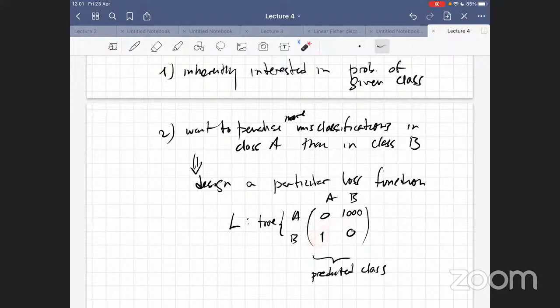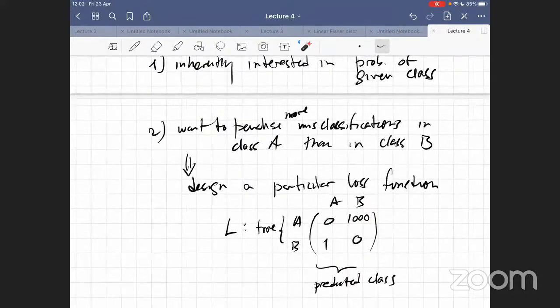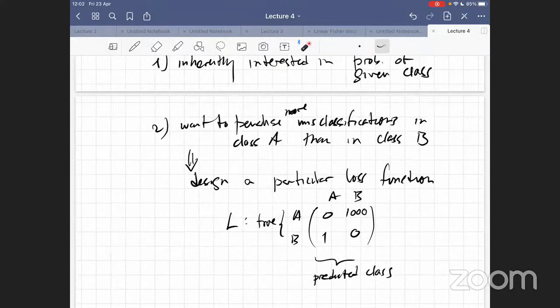So here I am classifying as B something which is actually class A, and for me, this is much more important to avoid than the misclassification of class B here.